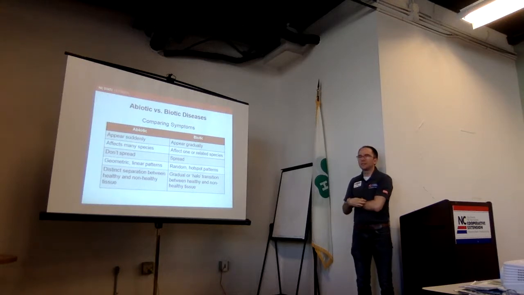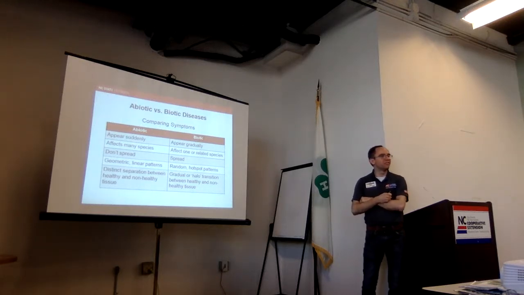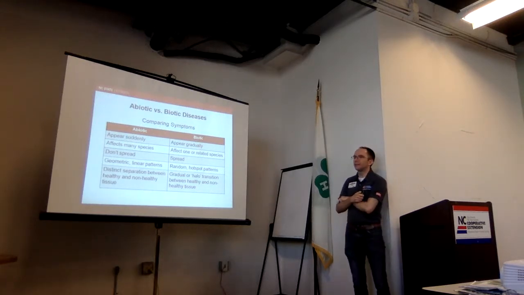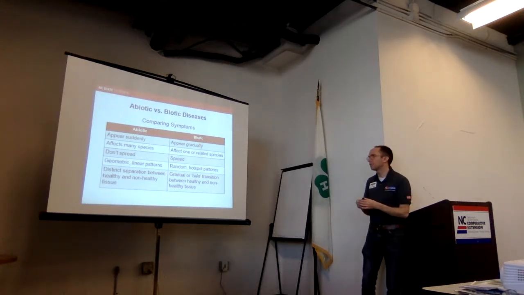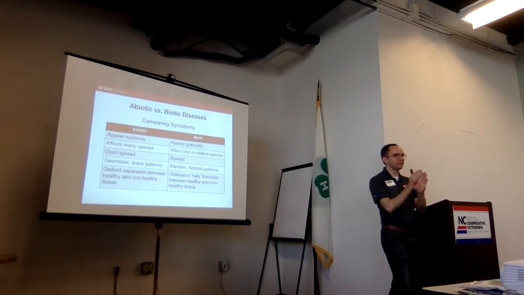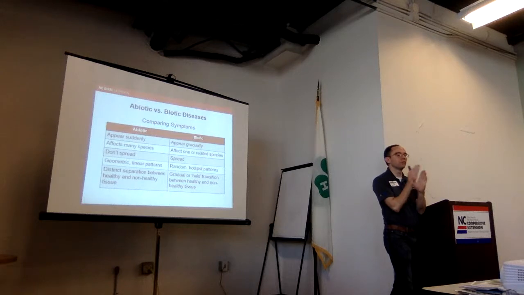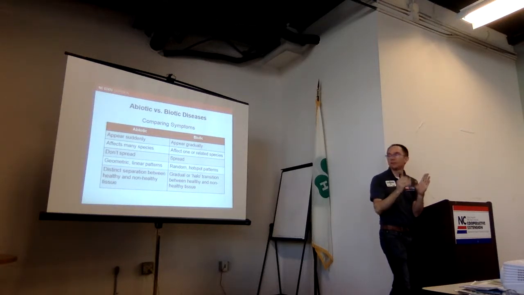It tends not to spread after the event, and it tends to occur in more linear or geometric patterns. And you'll often find very distinct, or a lack of transition between healthy and diseased tissue. It goes from perfectly fine to perfectly not fine.